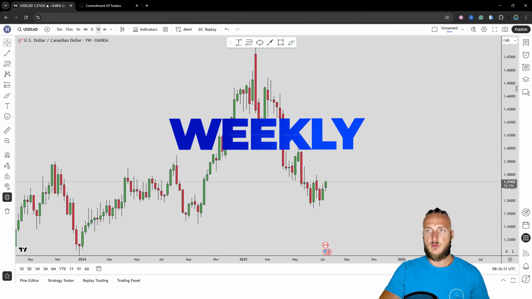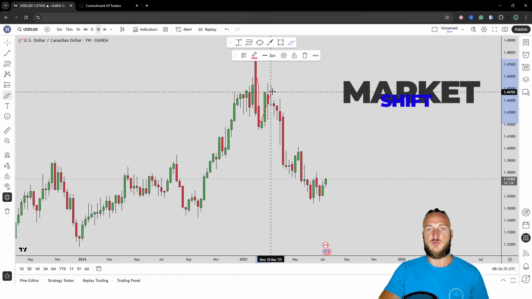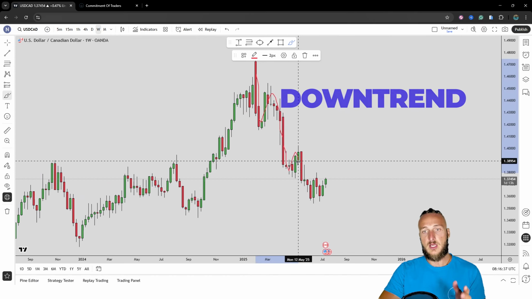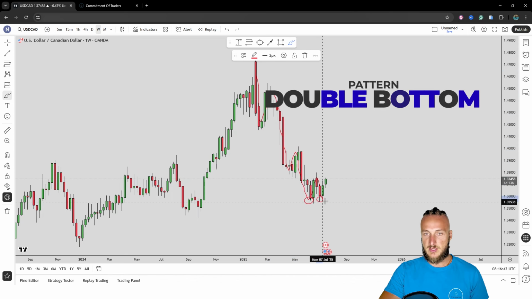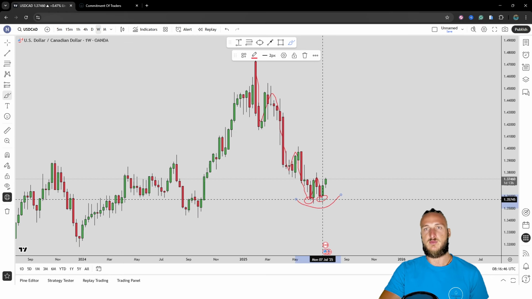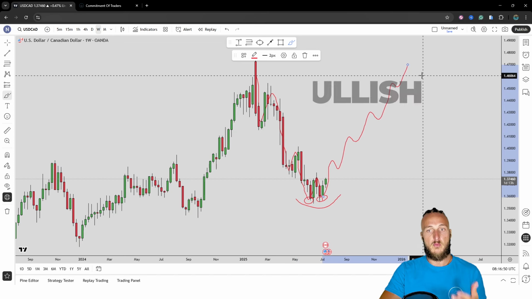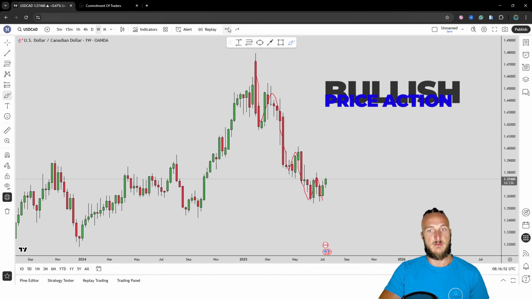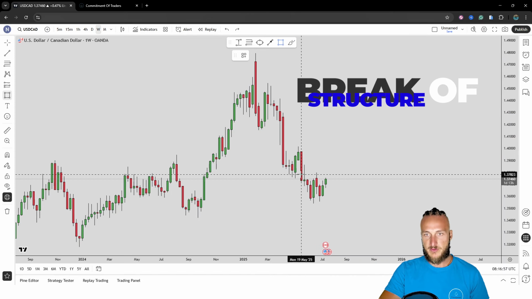Now, here in the weekly, what we can notice is that the market just shifted from a bearish market with the creation of weekly lower lows and lower highs to now having this double bottom created at this zone. So the market seems to have bottomed out at this previous support and demand zone, which means that there is room for more bullish price action away from this zone, especially if the market will manage to break above this level.